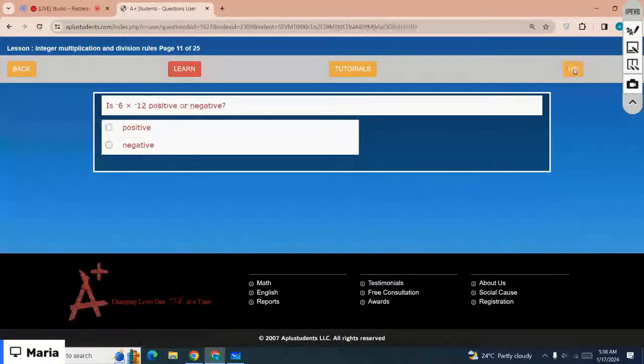Is negative 6 times negative 12 positive or negative? The correct option is positive it is, right?